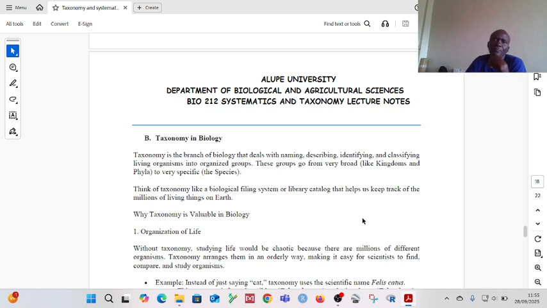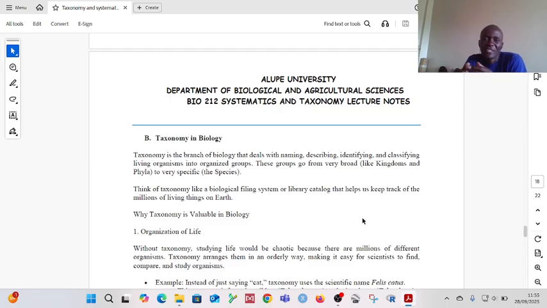Okay. So taxonomy itself is a branch of biology, and it deals with the naming, describing, identifying, and classifying living organisms into organized groups. You name, you describe, you identify, then you classify.